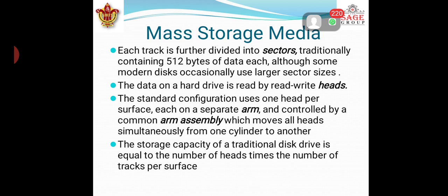The storage capacity of a traditional disk drive is equal to the number of heads times the number of tracks per surface. When we see the diagram, all these things will be clear to you.